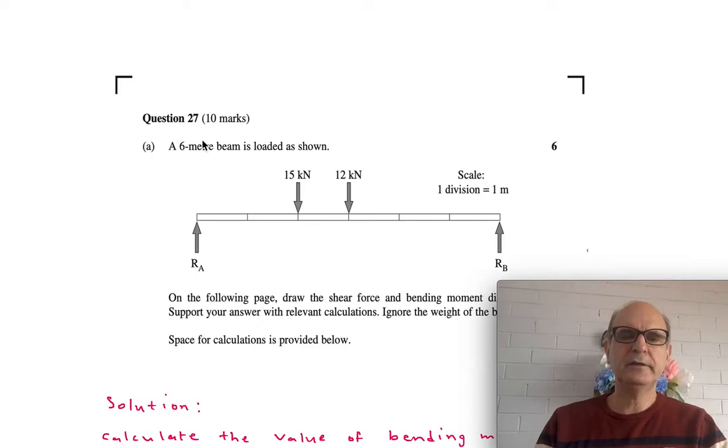We are looking at question 27 of 2018 HSC Engineering Studies. We have a diagram here. Forces RA and RB at supports are acting on that, and also we have loads 15 kilonewton and 12 kilonewton respectively.